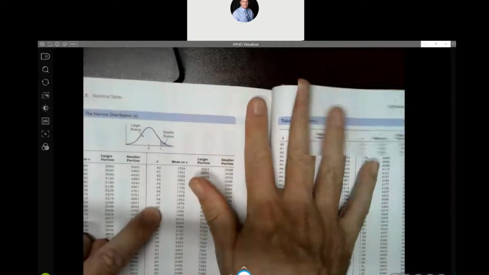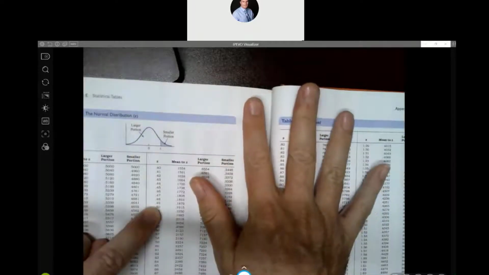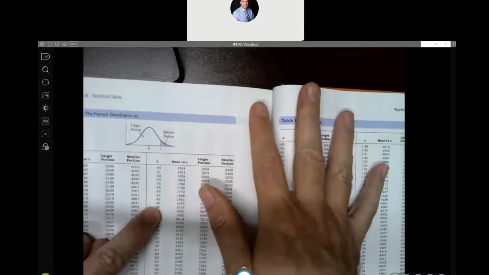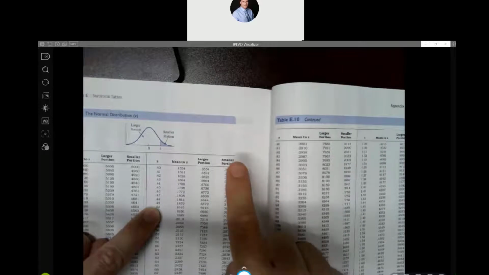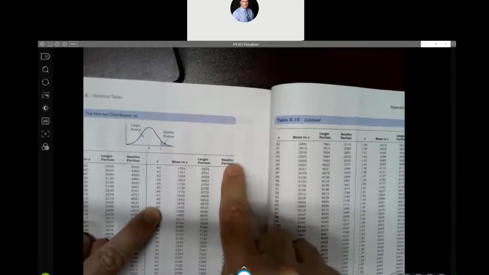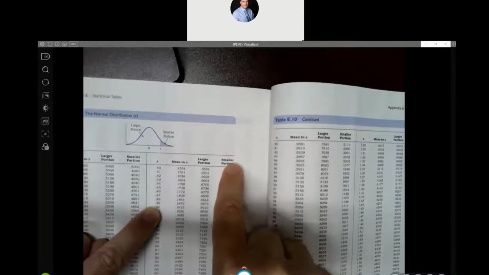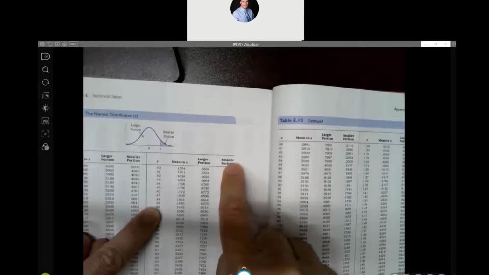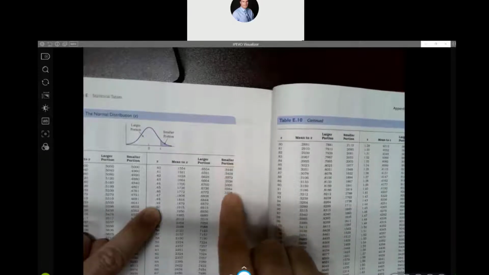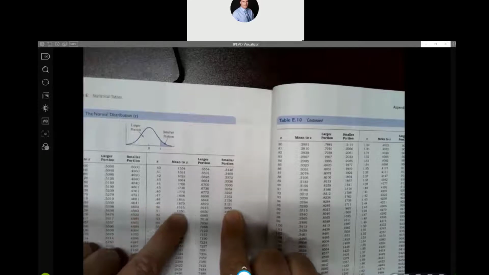Now take your right hand, the hand that you eat with. Take your right index finger and put it on the portion you're interested in, the small portion. Put it on the top of that column that says small portion. Move your right hand down and move your left hand to the right.